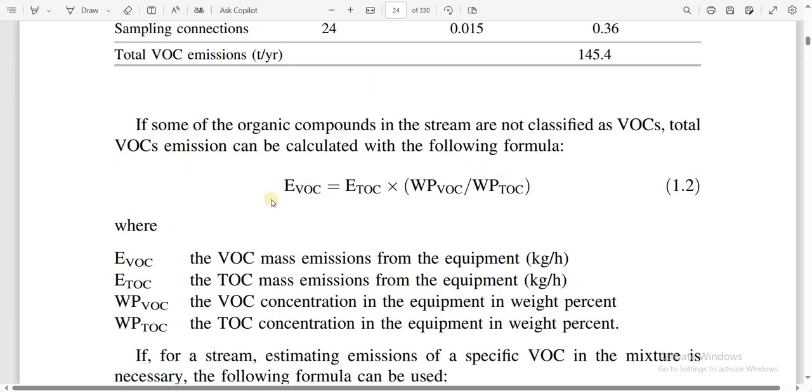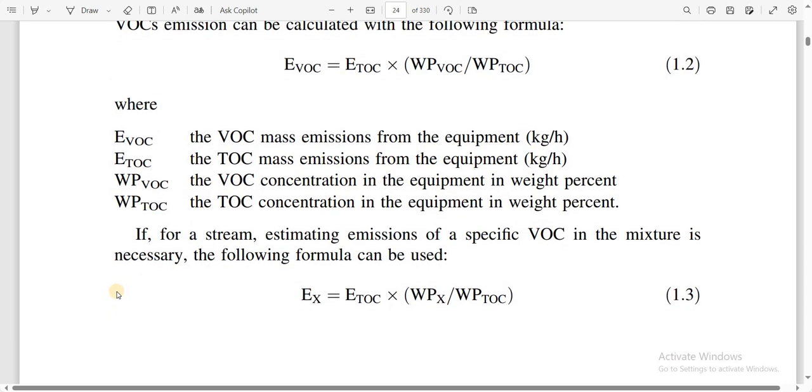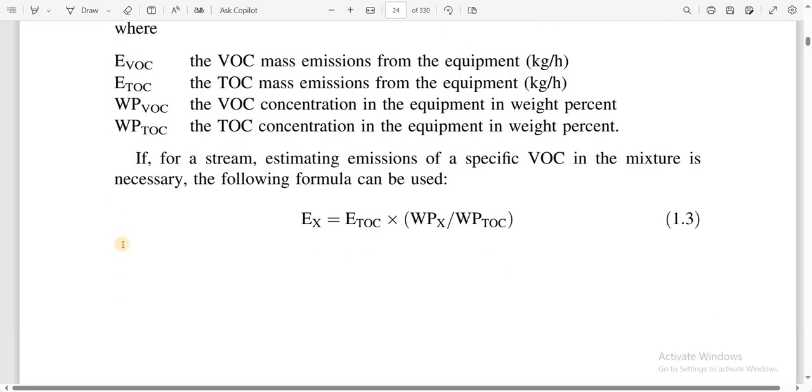In some cases, some of the organic compounds in the stream are not classified as VOC. Total VOC emission can be calculated with the following formula. So there is another formula if VOC is not classified: E_TOC times WP_VOC divided by WP_TOC. Here E_VOC is the VOC mass emission, E_TOC is the TOC mass emission, and WP is the concentration in weight percentage.